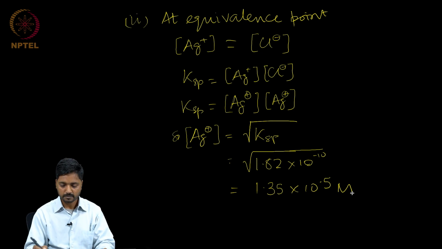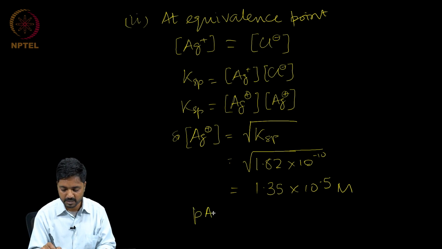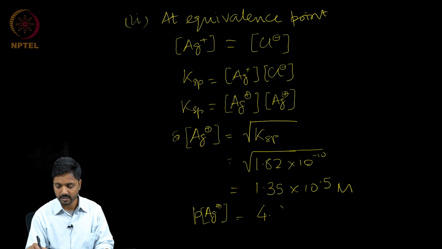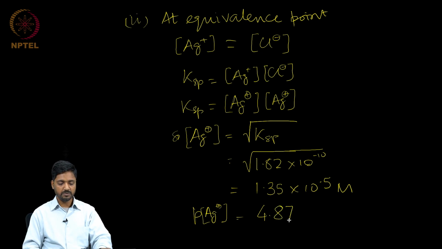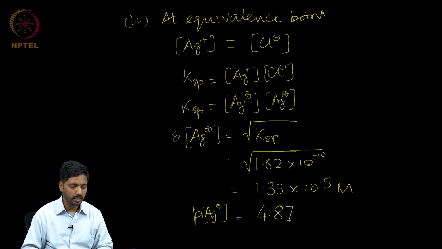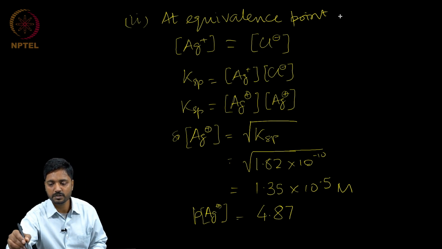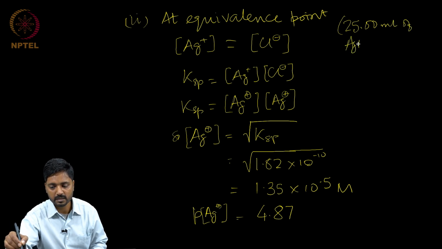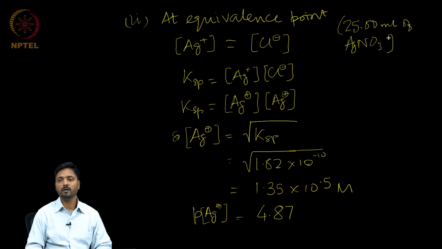Now, this can be represented in terms of the pAg value of 4.87. So, as we see, at equivalence point, which comes at 25.00 ml of silver nitrate addition, the pAg value is 4.87.